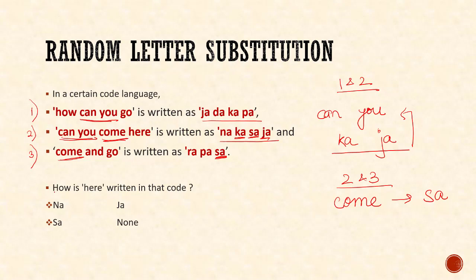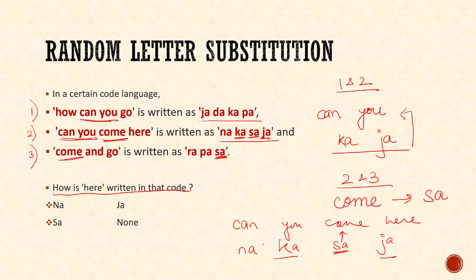Now what is being asked to us here is how is here written in that code. Now, can you come here? This was the second sentence. And the codes given are na, ka, sa and ja. We have figured out that sa is the code for the word come, whereas ka and ja refer to can and you. So what is being left out? Na.